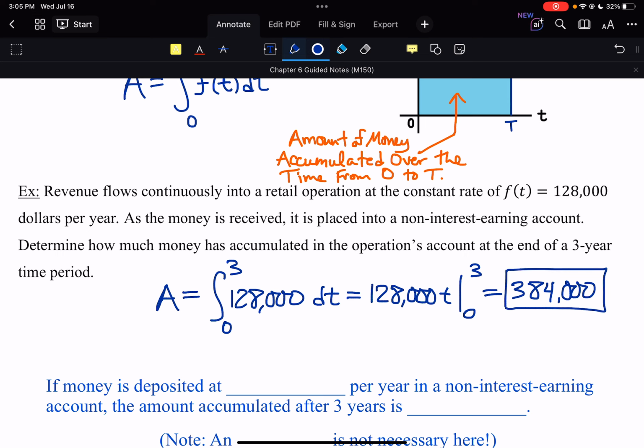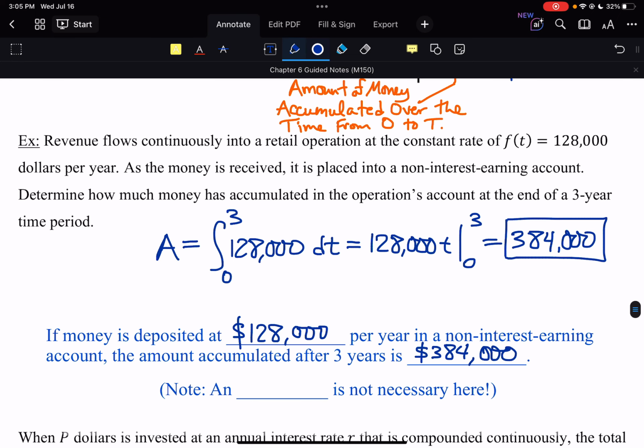So in the context of the scenario, we could say if money is deposited at $128,000 per year in a non-interest earning account, the amount accumulated after 3 years is $384,000. Now, one thing to note about this calculation: because you have a constant amount coming in every year, you really didn't need an integral to do this in this particular case.